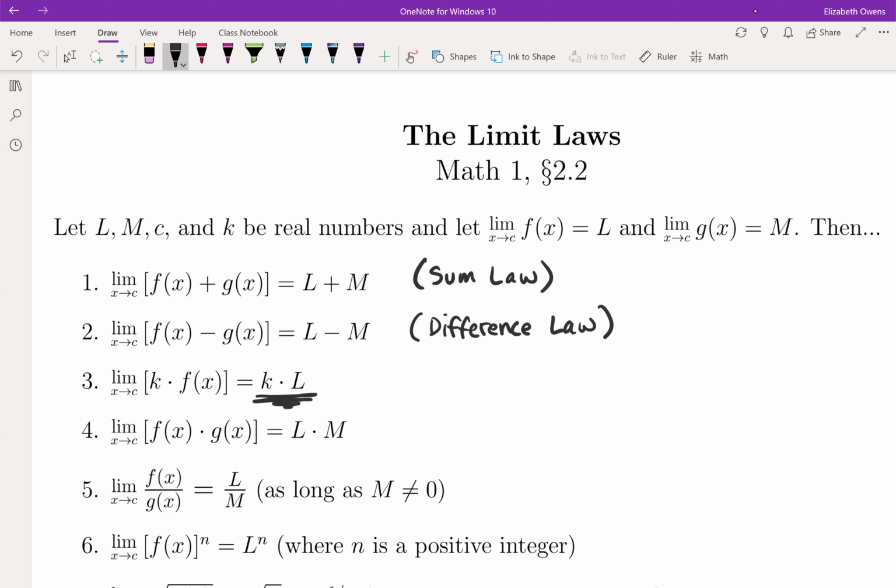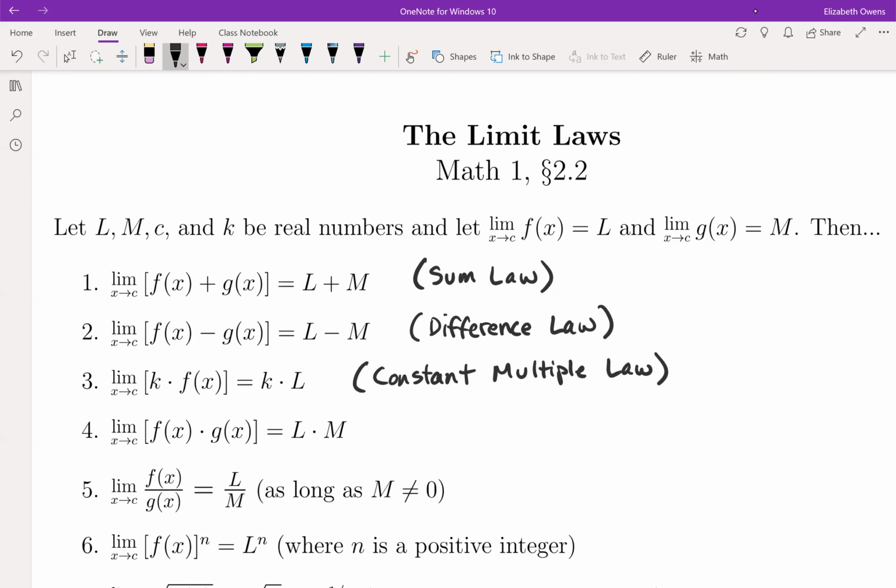So you'll multiply the limit by that constant. And so this is called the constant multiple law. I hope I spelled that correctly. Here we go. Constant multiple law.